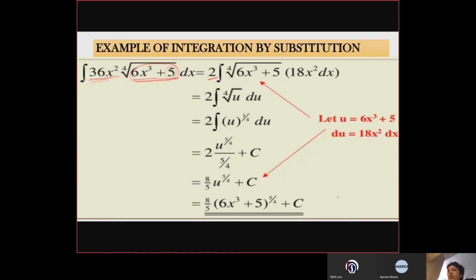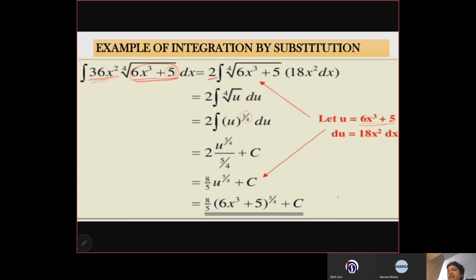Okay. So if you substitute 6x³ + 5 as u, you can take it as u, v, any variable you're comfortable with. Then the derivative of u would become 18x² dx. Right? So this question reduces to twice the integral of u to the power of 1/4 du.